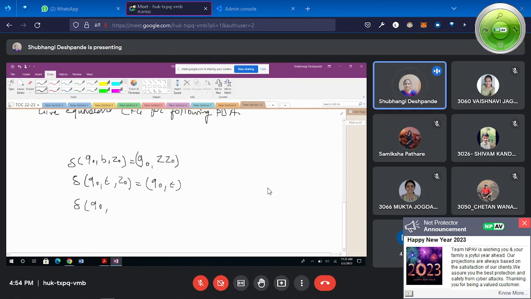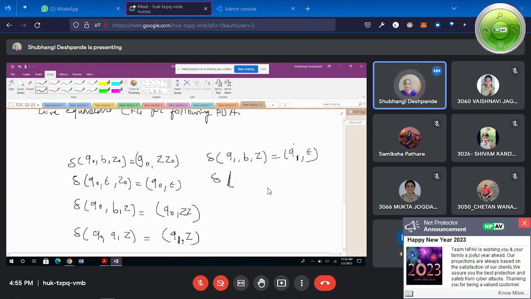Then delta of q0 b z is q0 z z, delta of q0 a z is q1 z, then delta of q1 d z is equal to q1 comma epsilon, and then delta of q1 a z0 is equal to q0 z0.